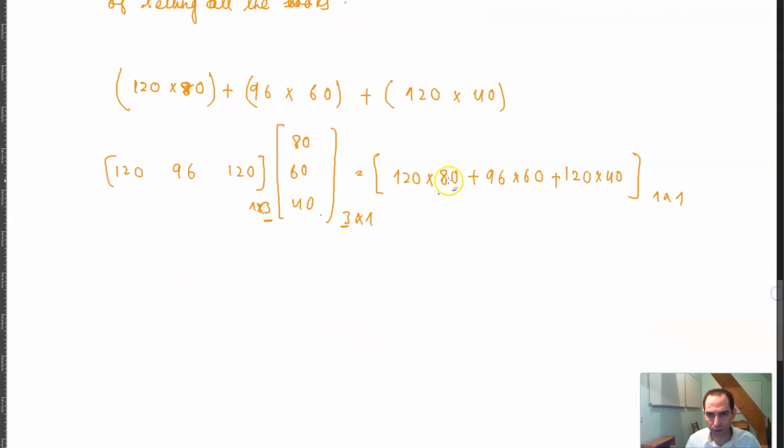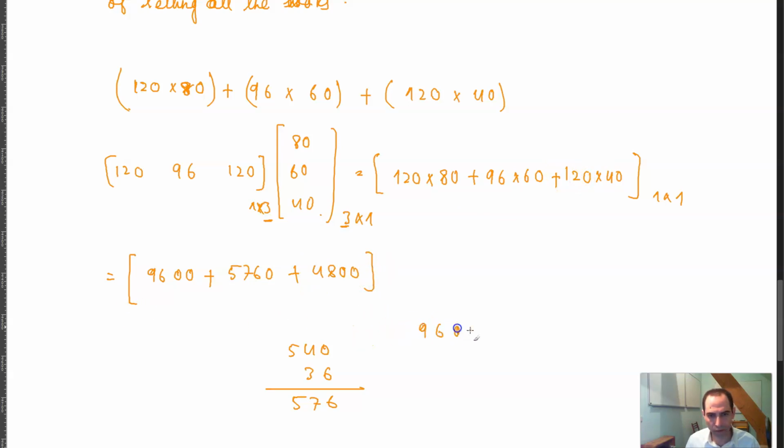Then if you do this calculation, what is 8 times 12? That's 96, so 9,600. What is 6 times 96? That's 576, so 5,760. And 4 times 12 is 48, so 4,800.